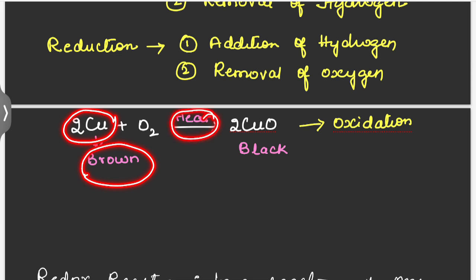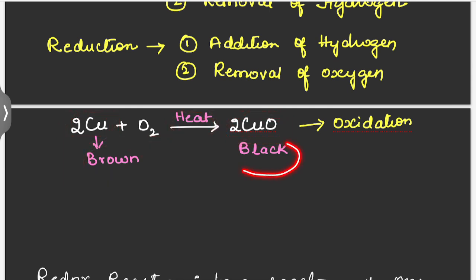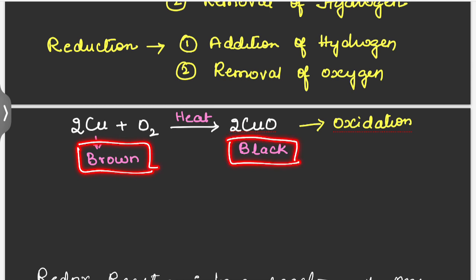When it is heated with oxygen, it turns black. What is the substance formed? You can say the black substance formed is copper oxide, which is CuO, and the brown substance we are heating is copper. So remember the color, the formula, and what type of reaction it is undergoing. We'll take one more example.